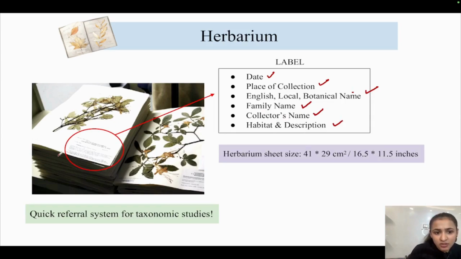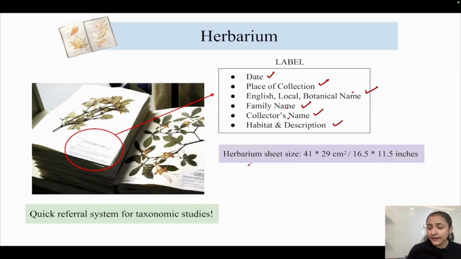As you can see, a description is also present here. So, a small description about the plant and its habitat, okay, important points are mentioned in this description. Otherwise, the date is present, place is present, English name is present, local or vernacular name is present, botanical name is present, family name and collector's name are present. So these are mandatory to be present on a label.